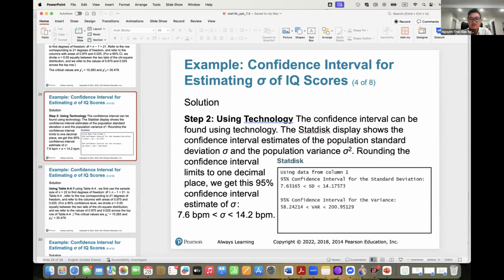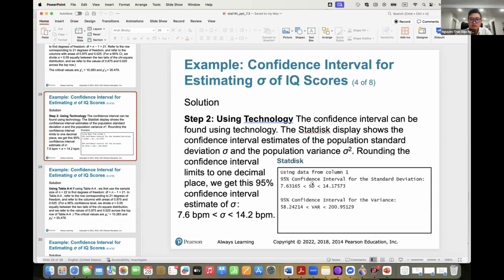As I discussed earlier in the previous section, you can also use technology. You can use the calculator or even Python. The confidence interval can be found this way.